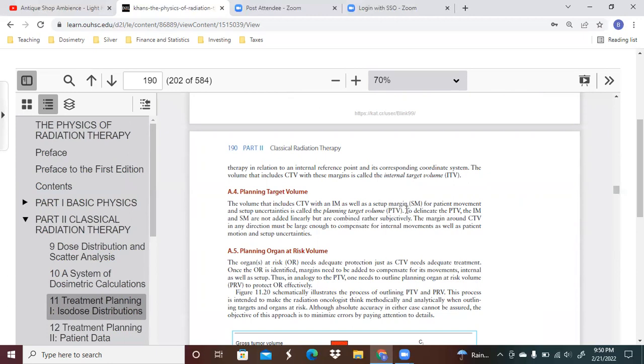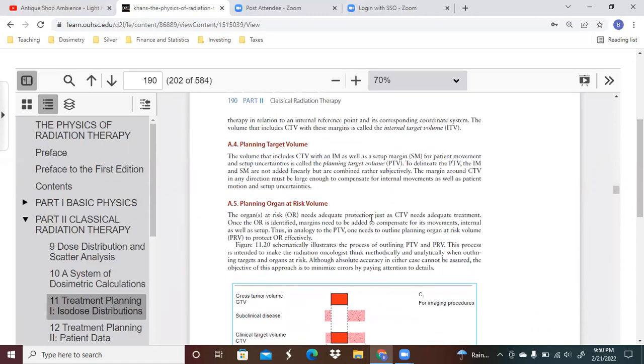In other words, given all the potential error there for setup and things of that sort, this PTV is generally what you're going to be trying to optimize or plan for. And the margins that you give to create the PTV may be different in different directions.